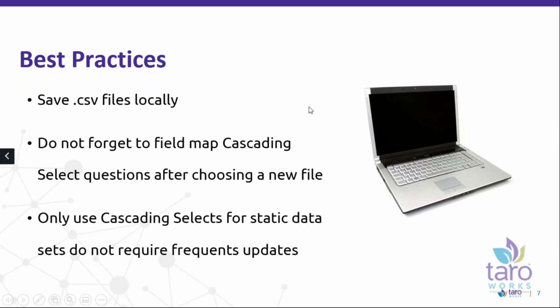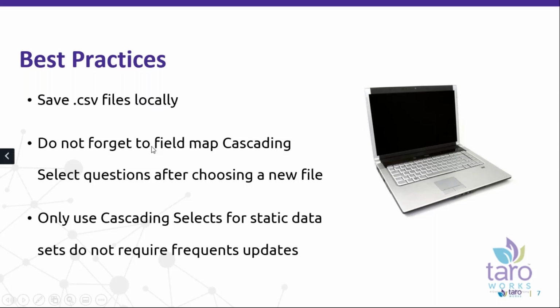Okay, now we can look at some of the best practices when using Cascading Selects. Number one, it is recommended to locally save your CSV file, as this will be important when you want to make any changes to your option set, like adding or changing the options, just as we did in our demo.